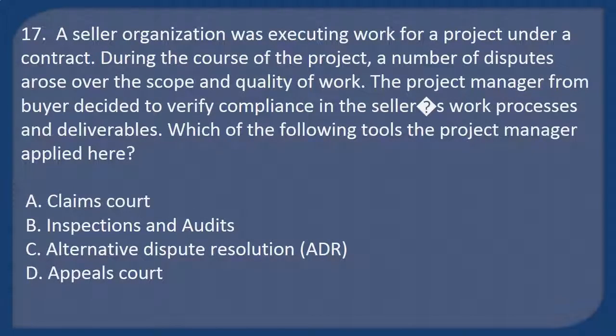Question 17. A seller organization was executing work for a project under a contract. During the course of the project, a number of disputes arose over the scope and quality of work. The project manager from buyer decided to verify compliance in the seller's work processes and deliverables. Which of the following tools the project manager applied here? A. Claims court. B. Inspections and audits.